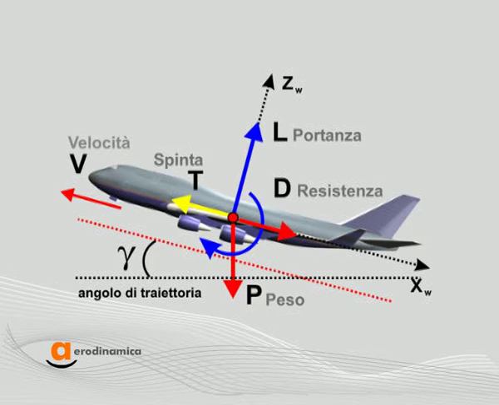The balance equation in symmetric flight can be written: force equilibrium along xw, thrust equals drag plus weight multiplied by sine of gamma. Force equilibrium along zw, lift equals weight multiplied by cosine of gamma. Moments equilibrium around the axis yw, m equals 0.